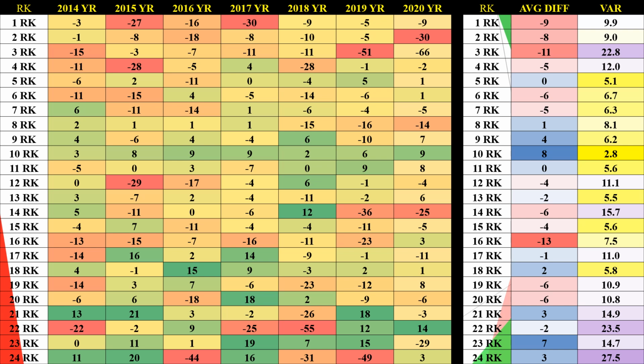So in 2014, how you read this is: the first position player in 2013 ended 2014 three rankings below, so fourth. The second best player in 2013 was the third best player in 2014. The third in 2013 was 15 slots below, so at the 18th pick, and so forth.